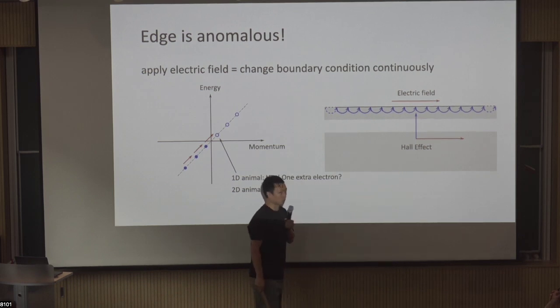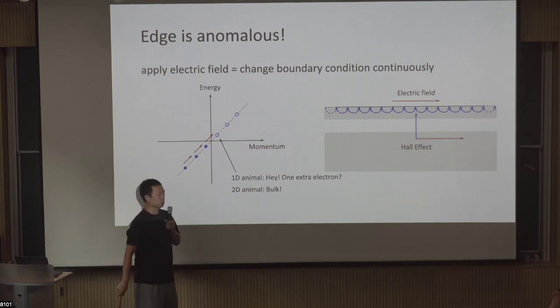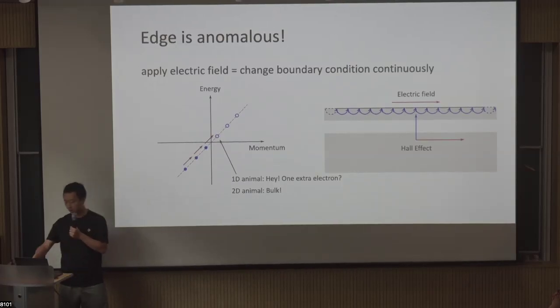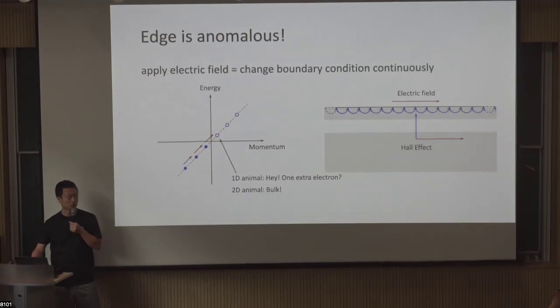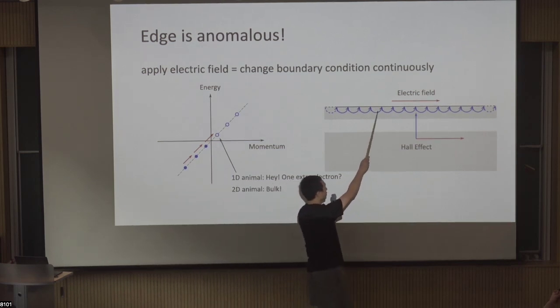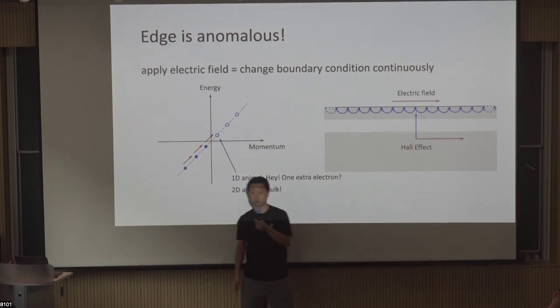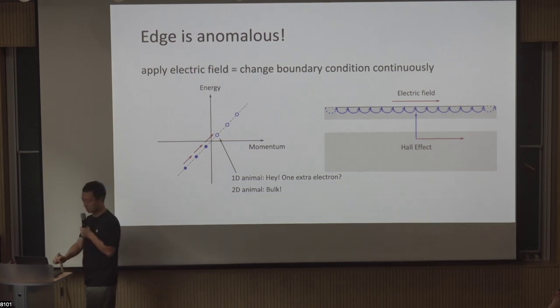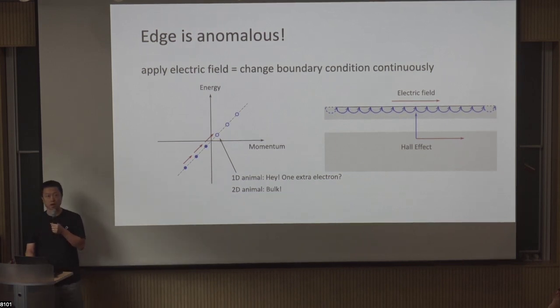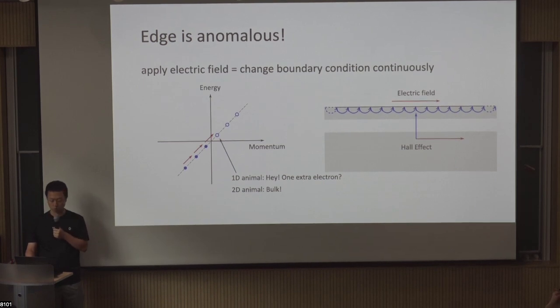The phenomenological description of the Hall effect is when you apply an electric field in one direction, you should gain some current in the other direction, the direction perpendicular to it. So when you apply an electric field for the Hall system, you should expect some electrons go into the edge. So that will be the 2D explanation of the edge anomaly. So from the 2D perspective, everything looks fine.